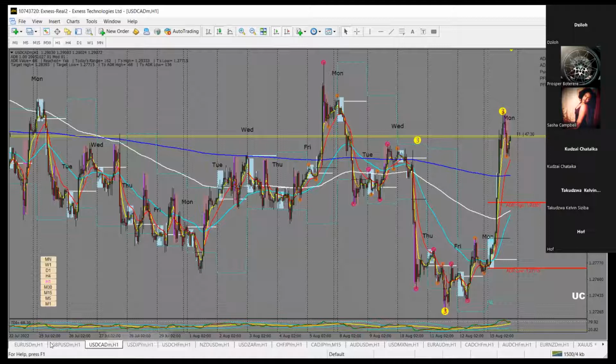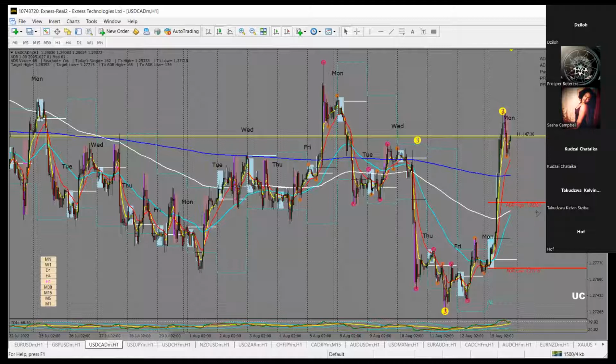I think that's level 2. I'm still expecting a drop, but we might get a correction to one of the EMAs between the 200 and the 50. I think they might give us a correction there and then drop for level 3. Something like this. I'm still bearish on this pair. Okay, that's nice.